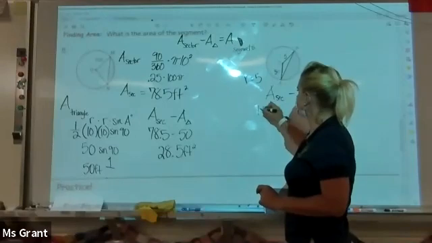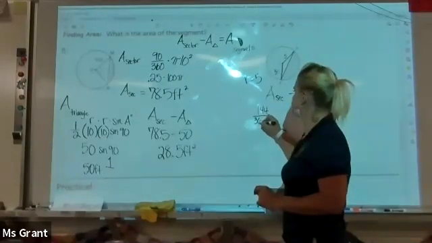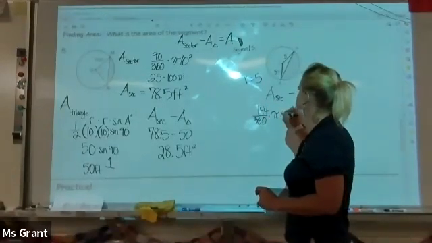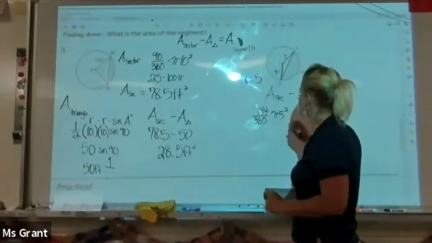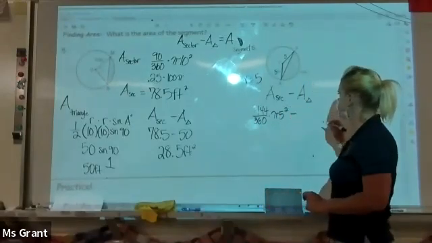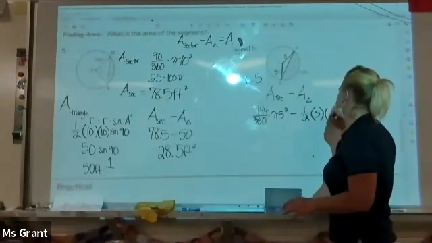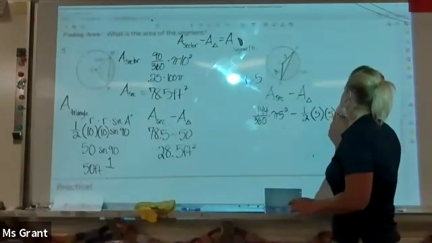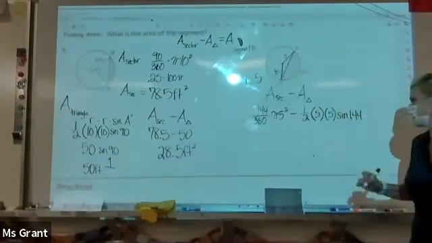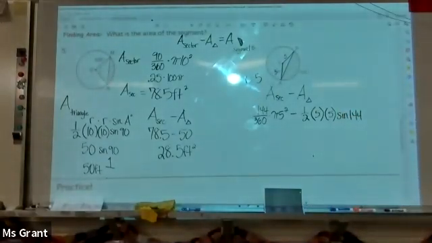So 144 divided by 360 times pi times 5 squared, minus 1/2 times 5 times 5 times sine of 144. I don't know if your calculator can do that much.